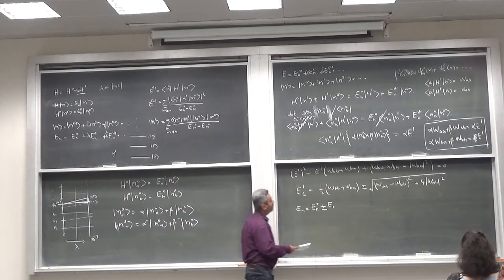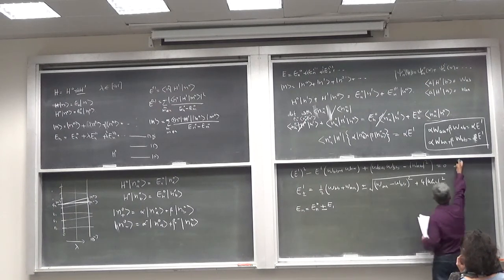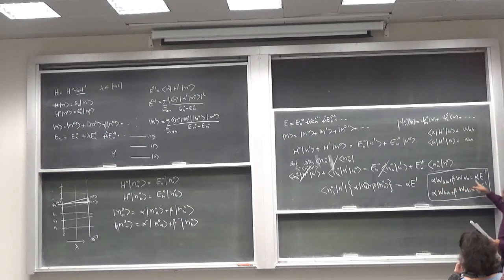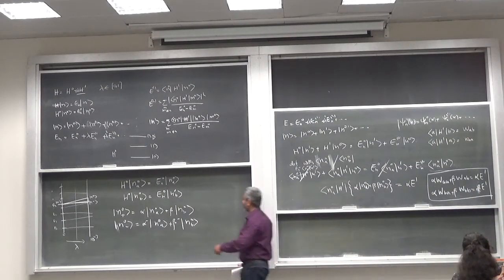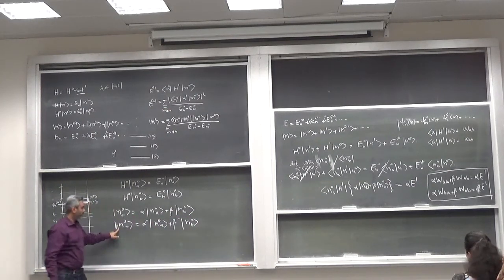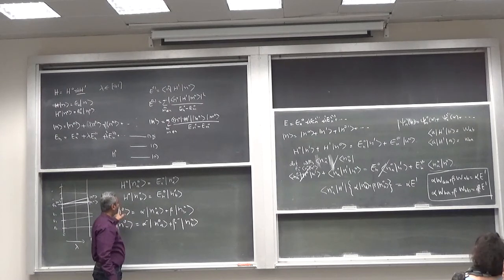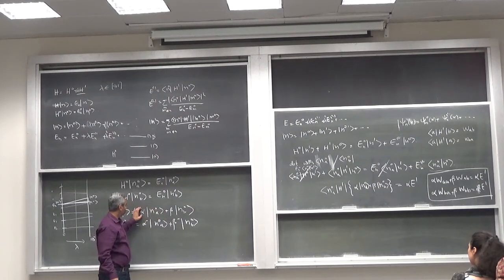Now, if you look here, had alpha been zero, so these are the good states. If you somehow happen to choose the good state itself, I mean, if these two are good states, then alpha should be 0 here and beta minus should be 0 here, right?